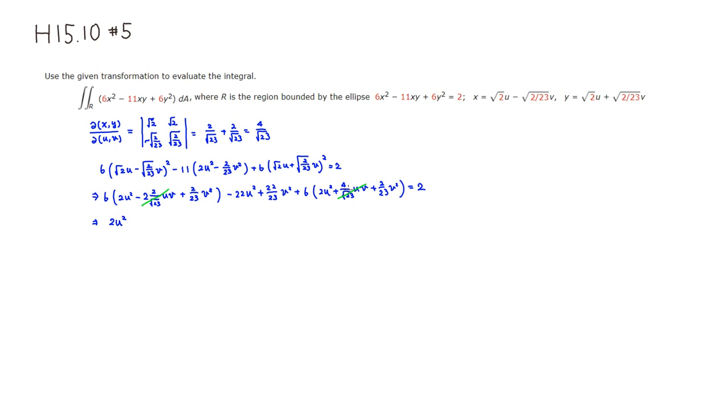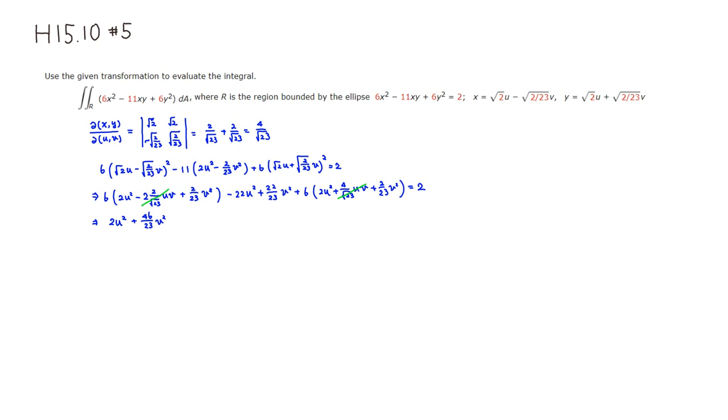And then 6 times, so it's 12 over 23 and another 12 over 23 v squared, so it's 24 over 23 v squared, and plus 22 over 23, so 22 plus 24 is 46, so 46 over 23 v squared.